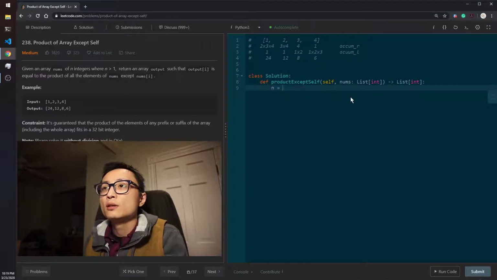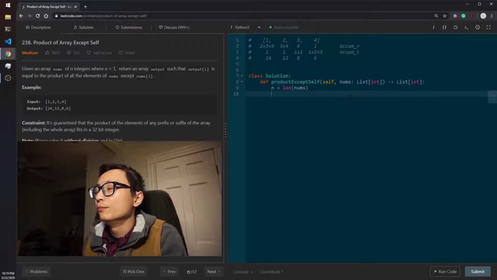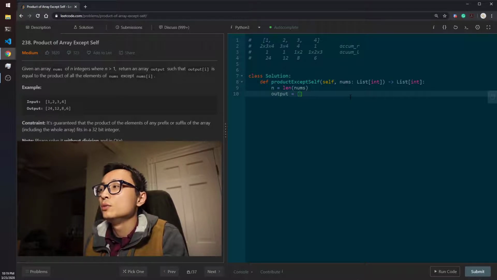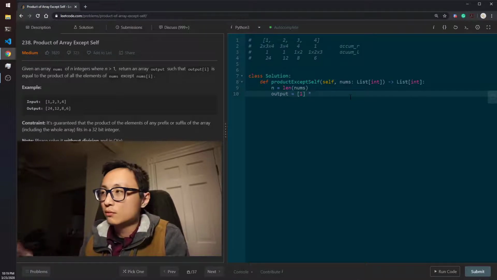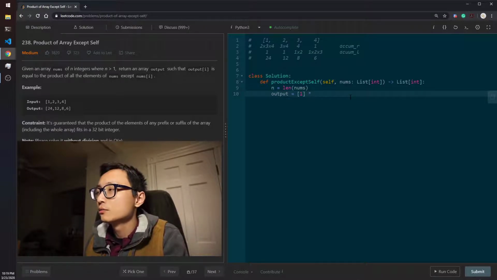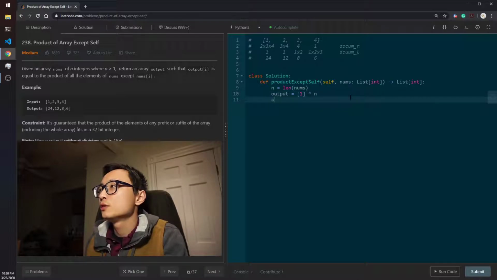So let's grab the number of elements we have in the input array, and we initialize the output. Because we are getting products, let's say that we have ones here as the initial value, and we have these two accumulator variables.